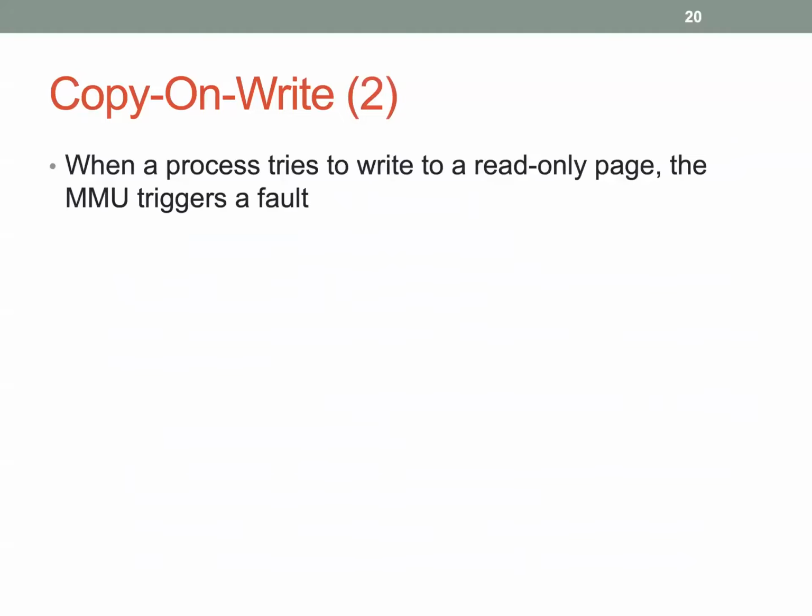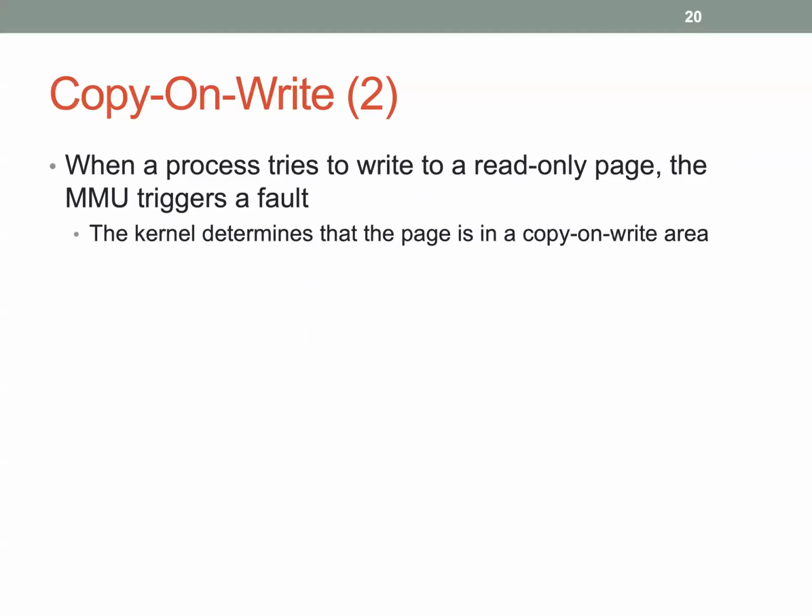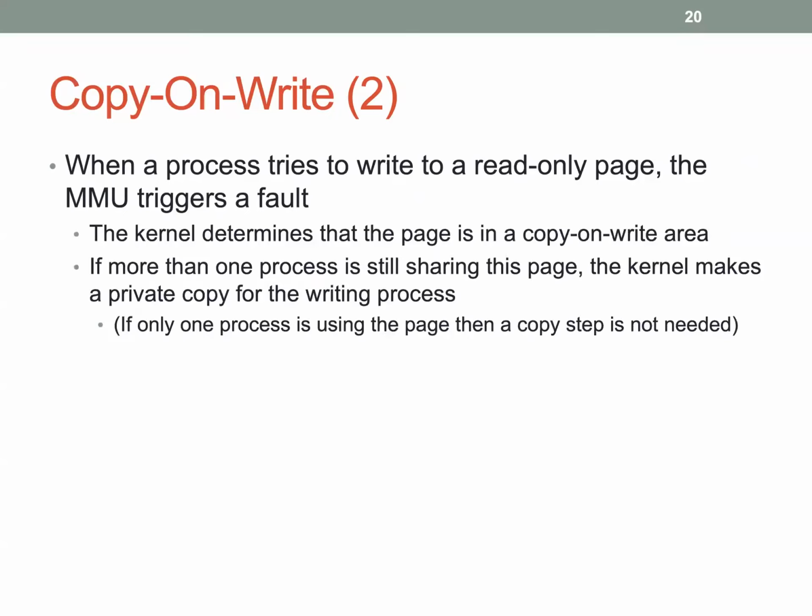So you have parent-child, they fork, they share a bunch of page frames, and they're all marked read-only. And so one of the processes tries to write to one of these pages that's read-only. So then the kernel can say, this is a copy on write page, and it can go ahead and make a copy of that specific page and give it to that process so that that process now privately owns it. And it can write to its heart's content. Nobody else will see it.